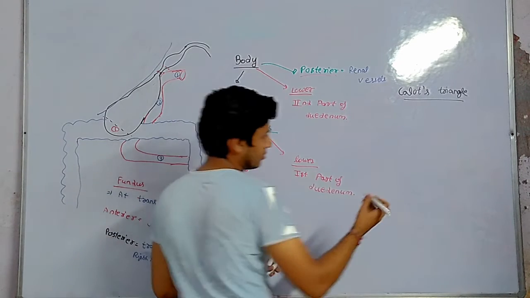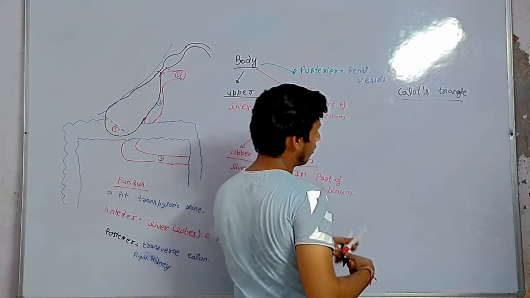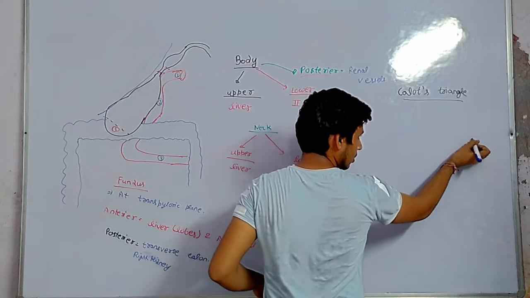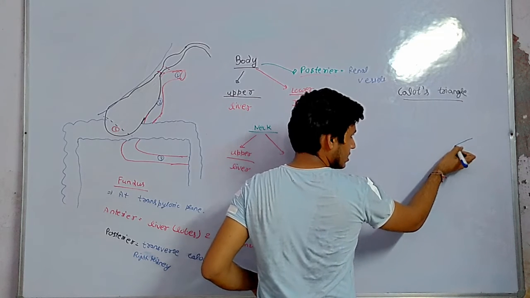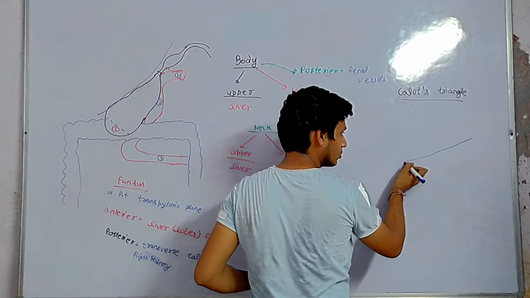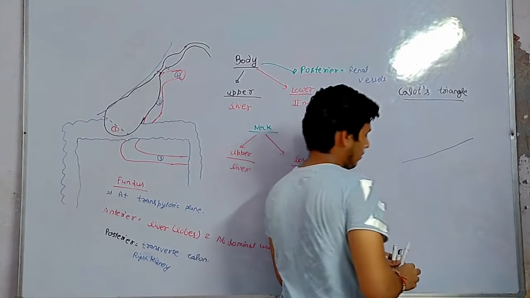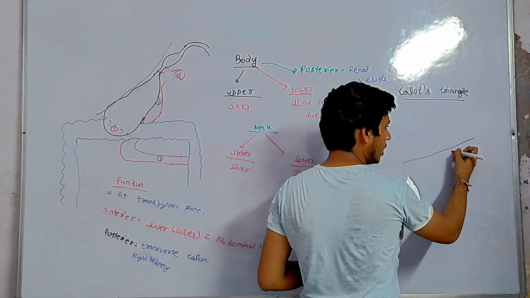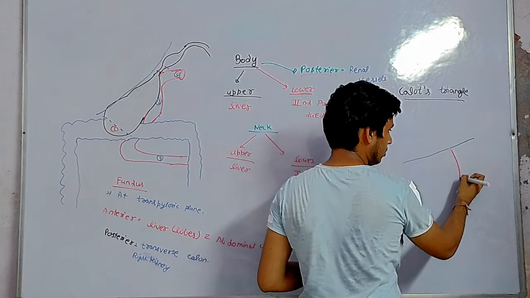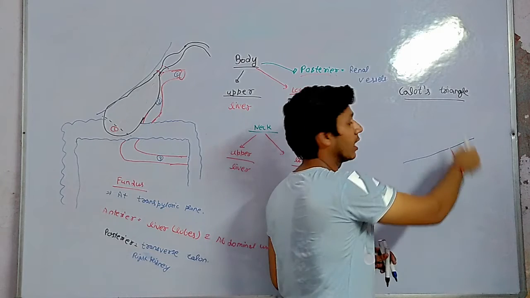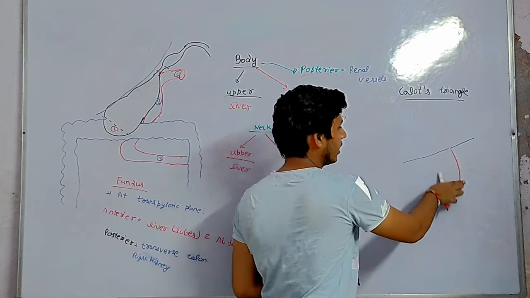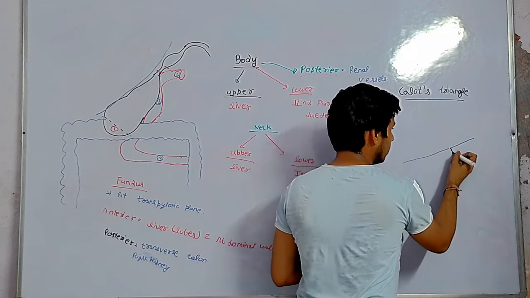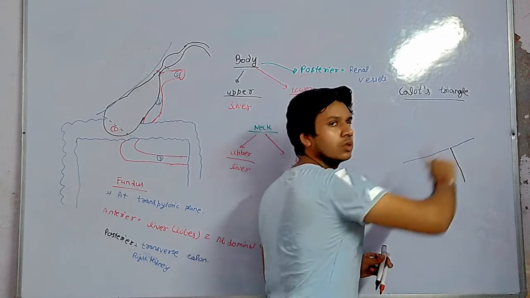First important thing: what about the boundary and where is it present? Let's say this is the inferior border of the liver. Done. And here the common hepatic duct is present. This is the common hepatic duct. It is a duct, not an artery, we draw it as a duct. This is the common hepatic duct.